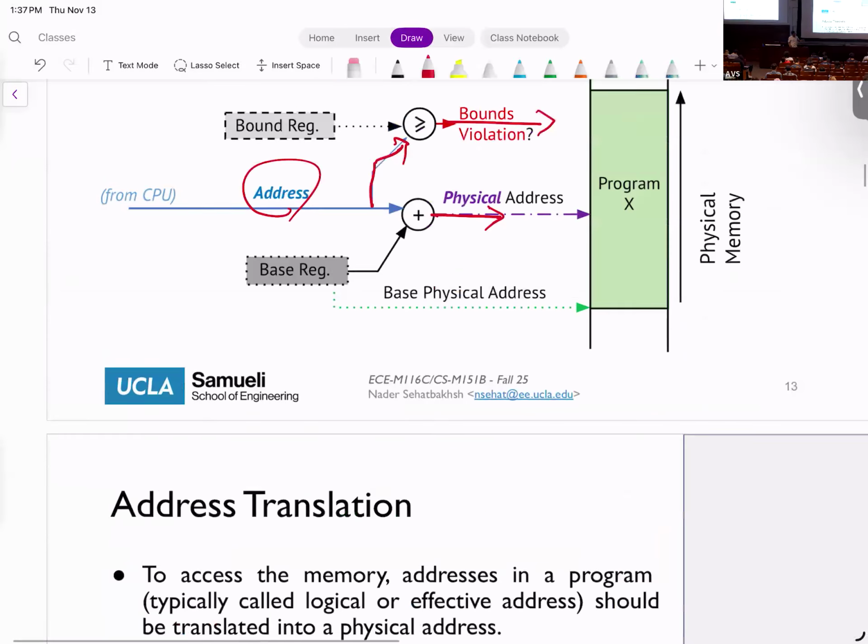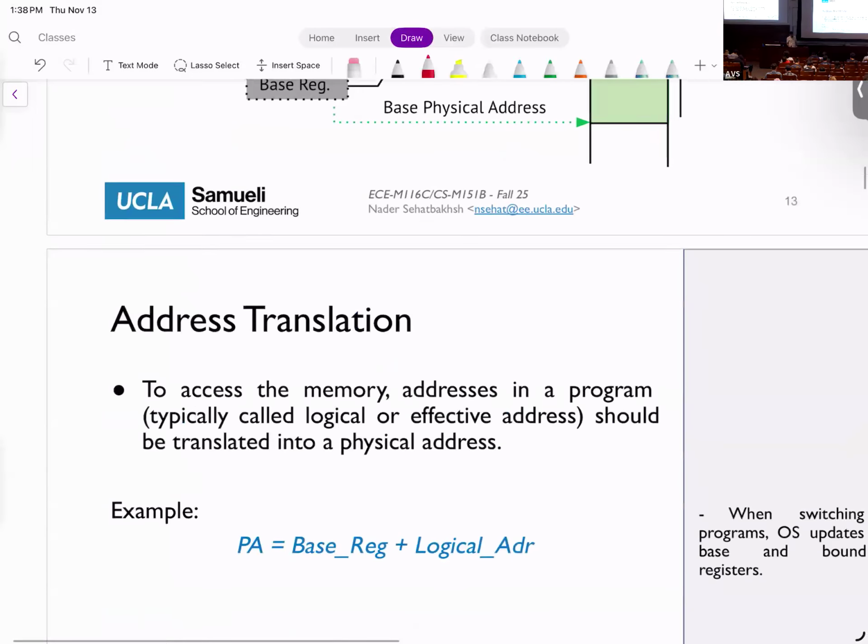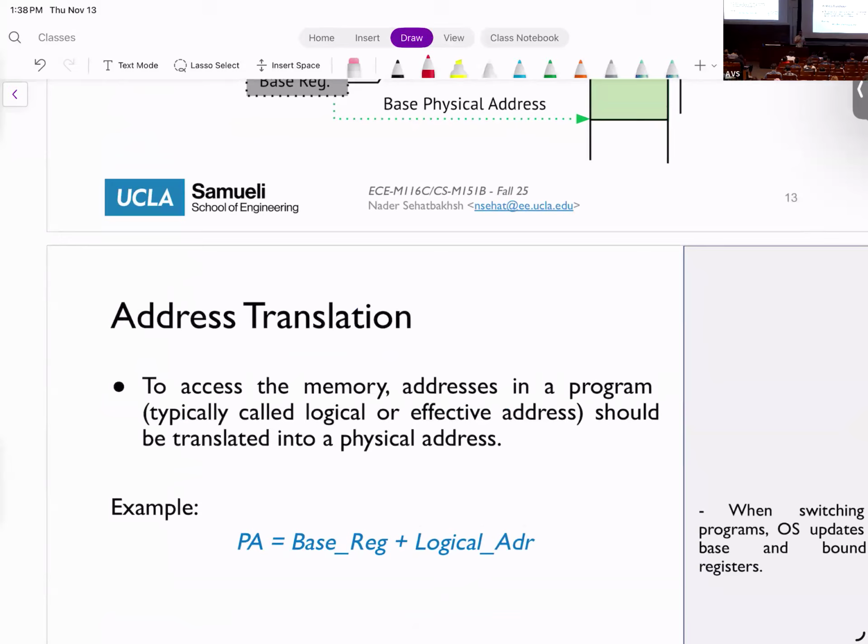Before actually talking about the dynamic part, this brings a very, very important topic in memory management of main memory, and that is what we call address translation. Typically there is a difference between the addresses that we use in software, in other words, the addresses that the CPU uses, versus the actual addresses for accessing the physical part of the memory.